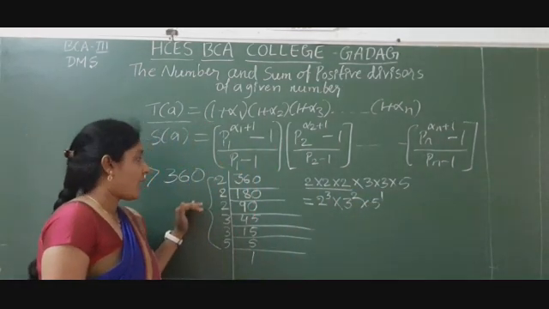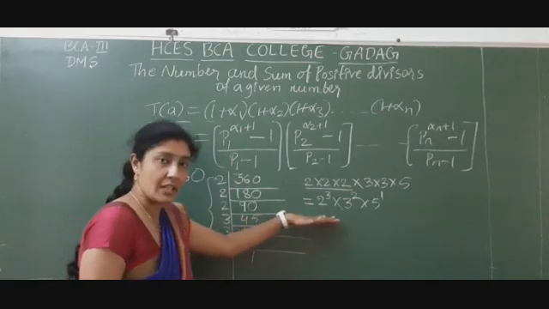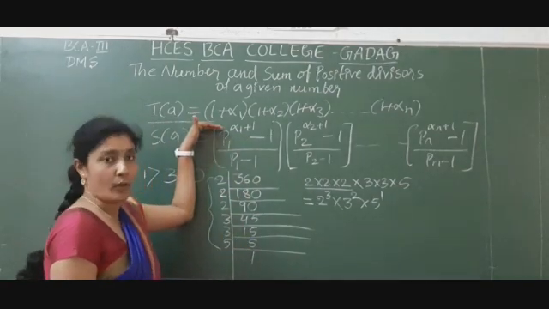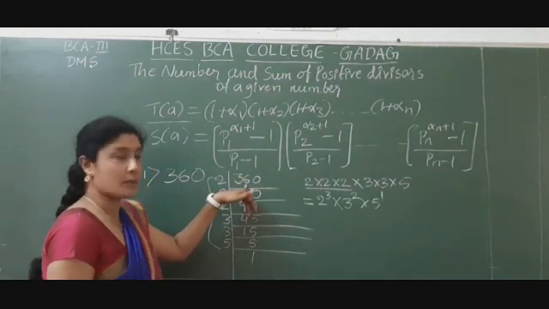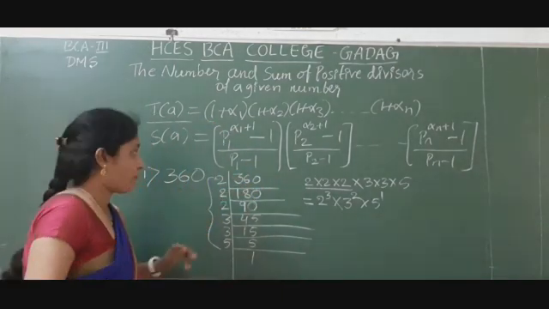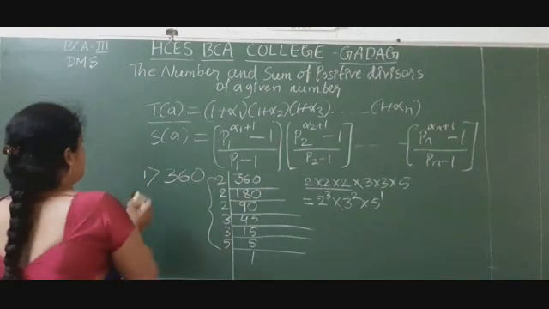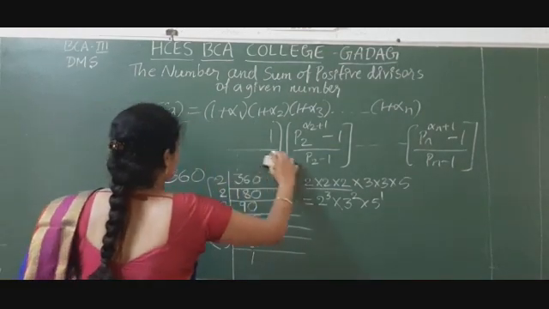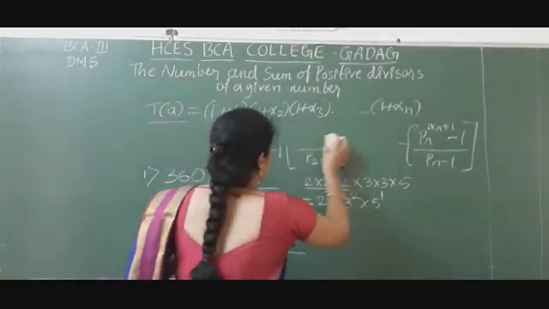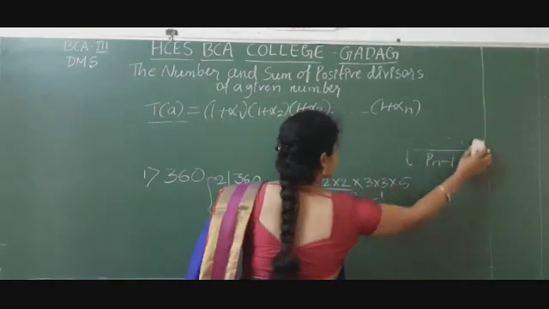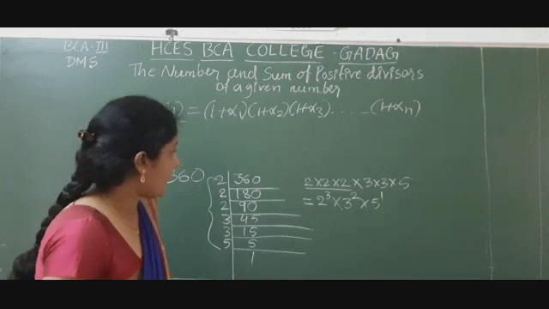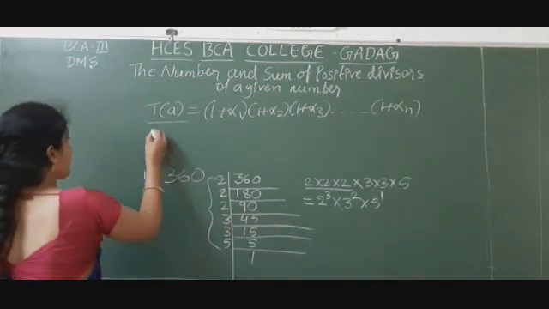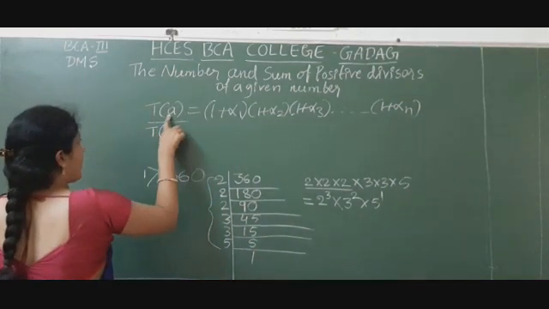Okay. Now, after this division, let us come to the first formula, that is the total number of divisors of the number 360. So now, let us put the values here. T of A, what is A?